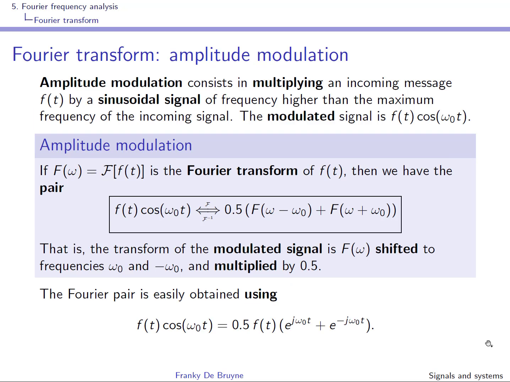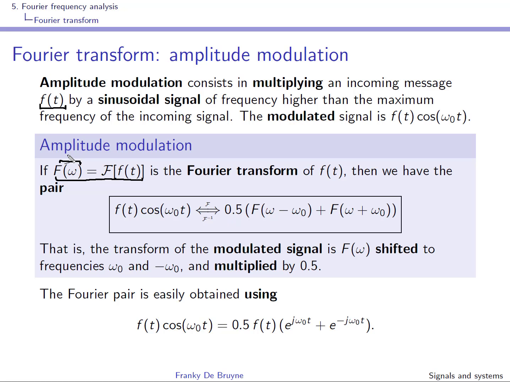We can use this frequency shifting property of the Fourier transform to compute the Fourier transform of an amplitude modulated signal. So the original signal is f(t), and it has Fourier transform F(omega).